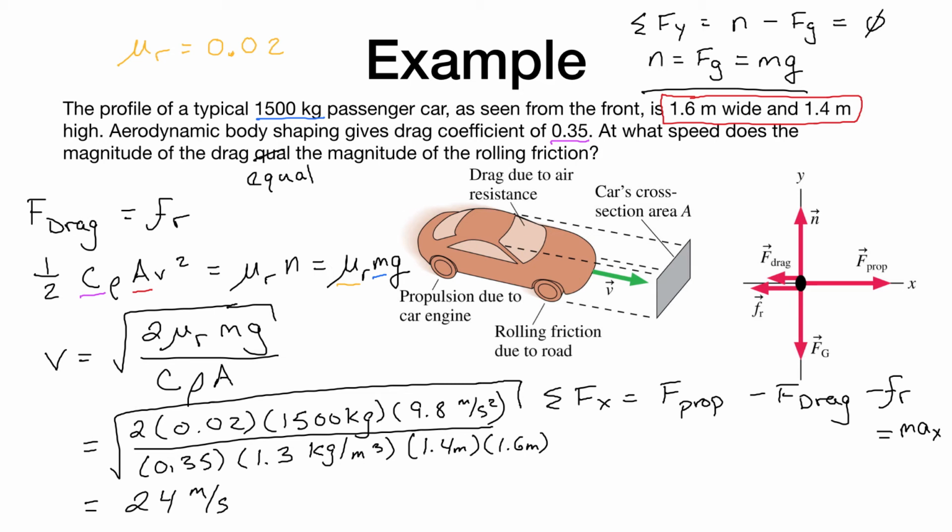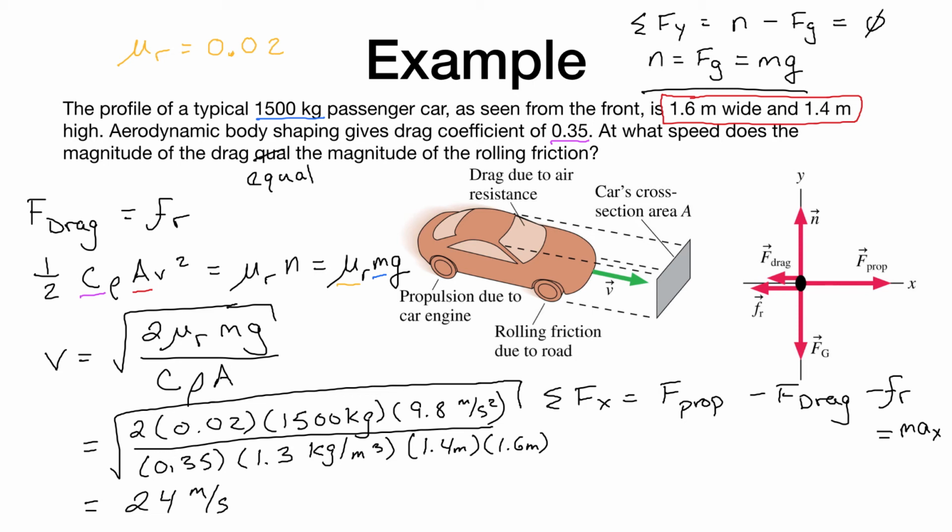Under 30 or 40 miles per hour, when you're driving down the road, air resistance is not really doing much to slow your car down. It's mostly the rolling friction between the tires and the road. But once you get up to, say, 50 miles per hour or so, the air resistance becomes a measurable force that can no longer be ignored.